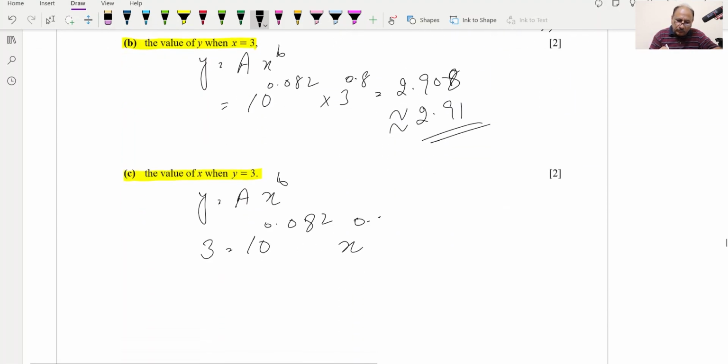So now we can rewrite it as 3 over 10 raised to the power 0.082 will be equal to x raised to the power 0.8.